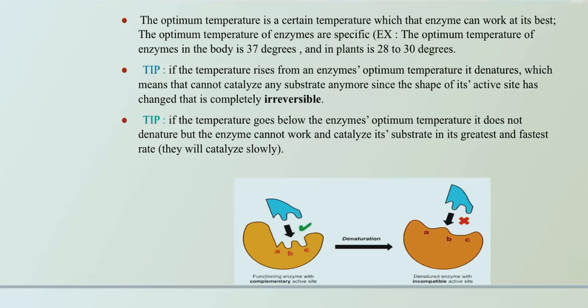But after denaturation happens, since the shape of that enzyme's active site is going to change and become flexible, the substrates are not able to fit in those active sites perfectly.